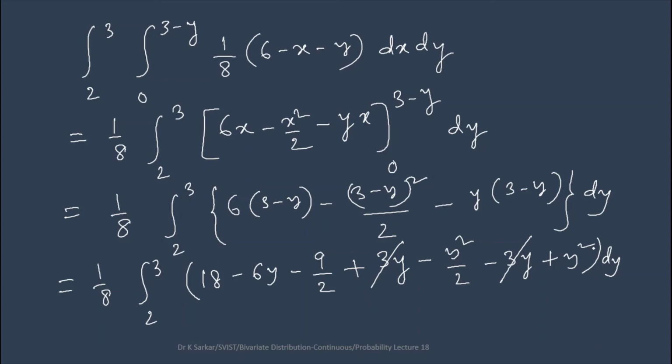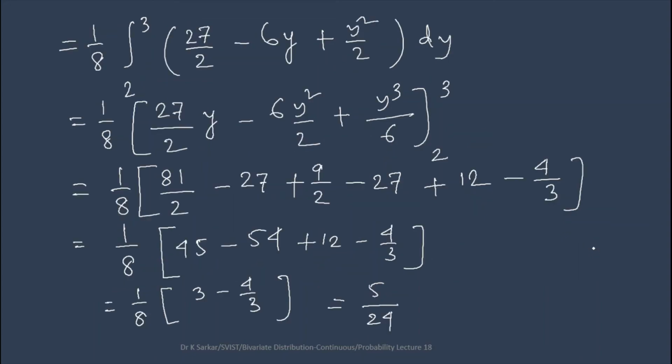After cancellation and simplification, we get 27 by 2 minus 6y plus y square by 2. Then integrating with respect to y, we get 27 by 2 y minus 6y square by 2 plus y cube by 6. Limits are 2 and 3. After putting the limits and simplification, we get the result as 5 by 24.